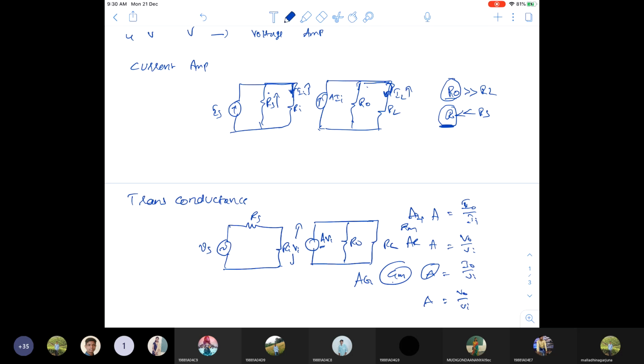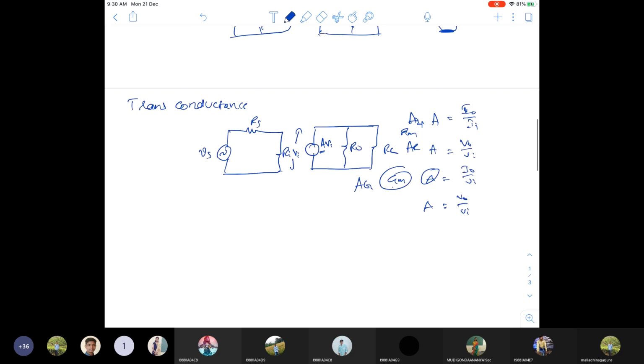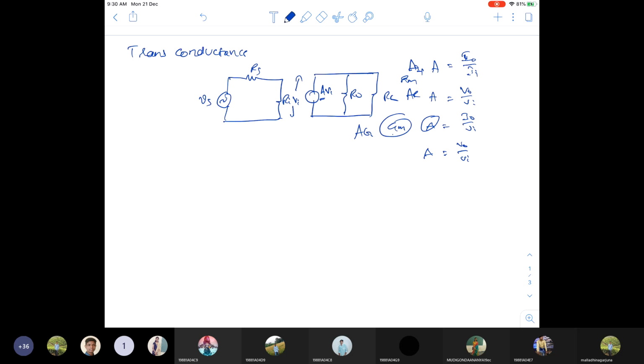That depends on your notation and so on. You can represent all with A, or you can have some other notation. That's not a problem. So for this, the current should be high.